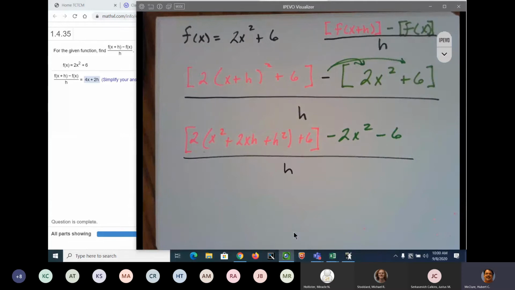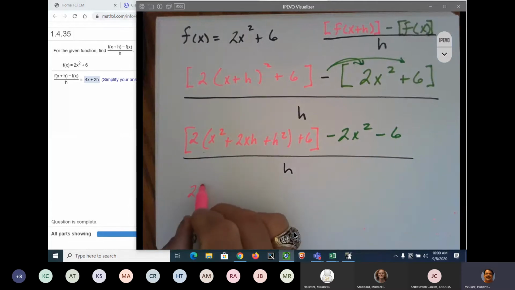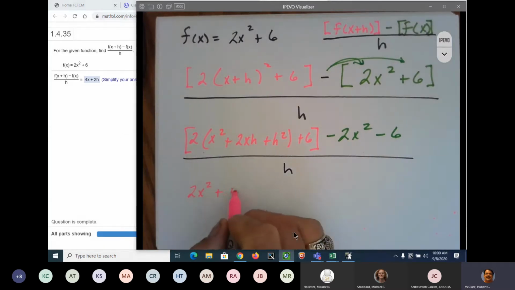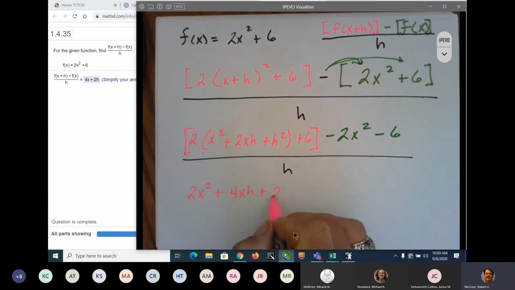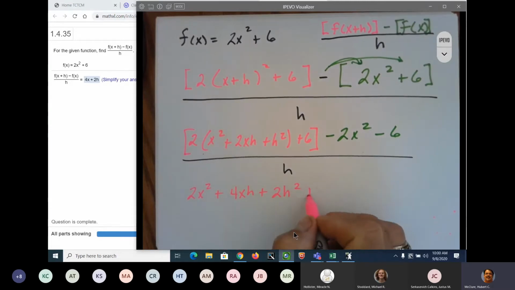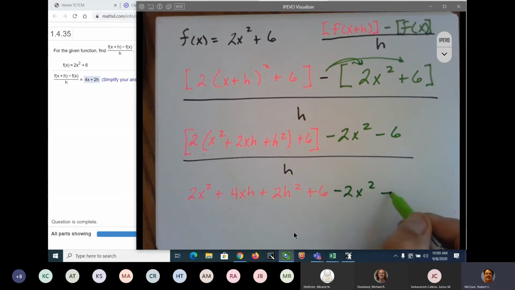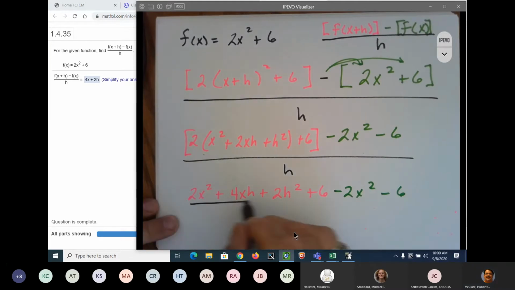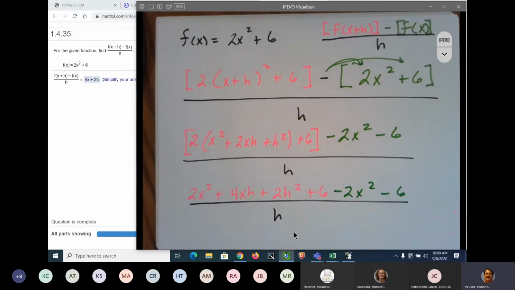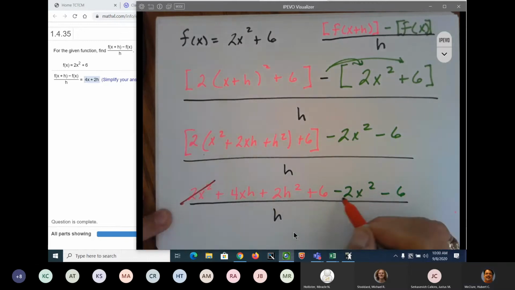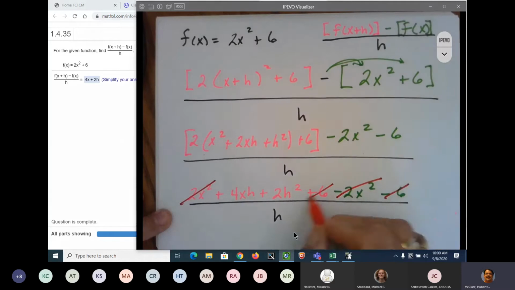Okay, so that's going to give us 2x squared plus 4xh plus 2h squared plus 6 minus 2x squared minus 6, all over h. And as you can see, the 2x squared and the 6 cancel.